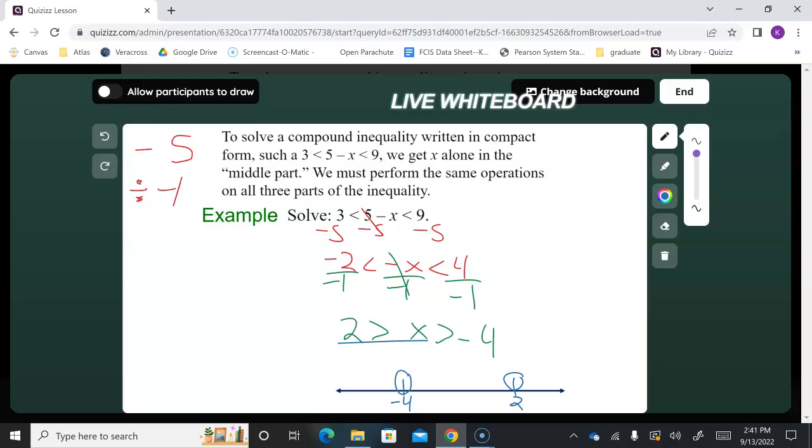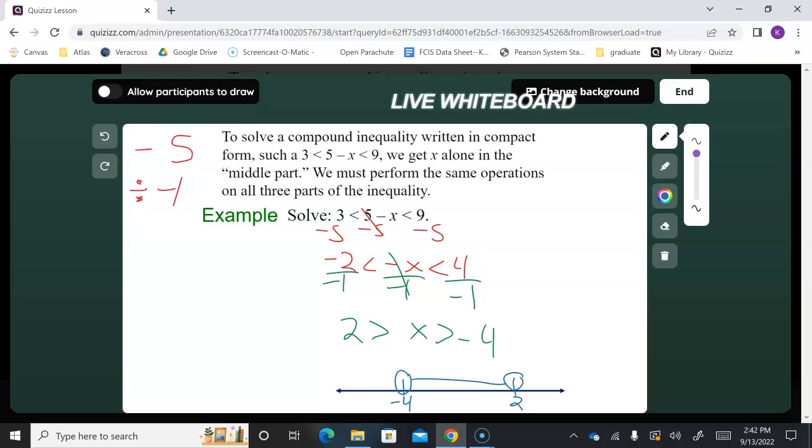Left. And then x is greater than negative 4. Which way would I shade? Right. Where is the overlap? In the middle. There's my solution. There's the graph of my solution.